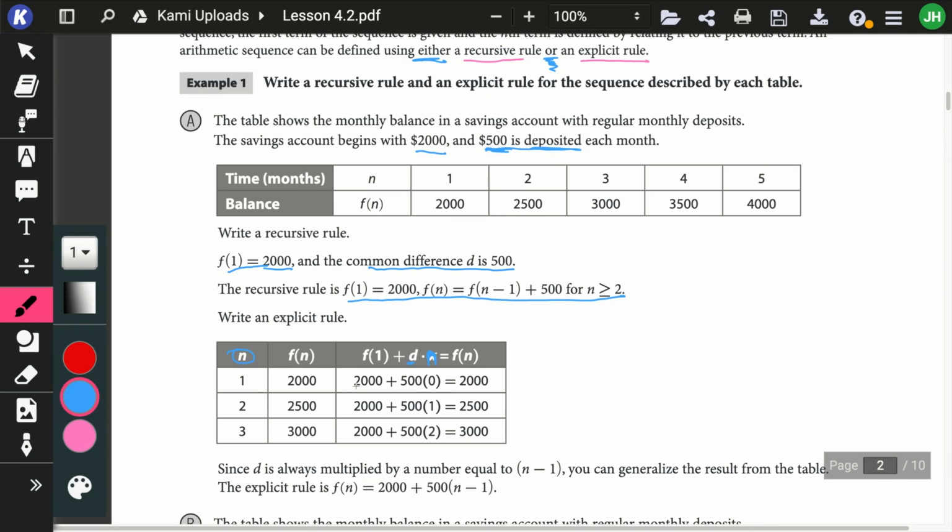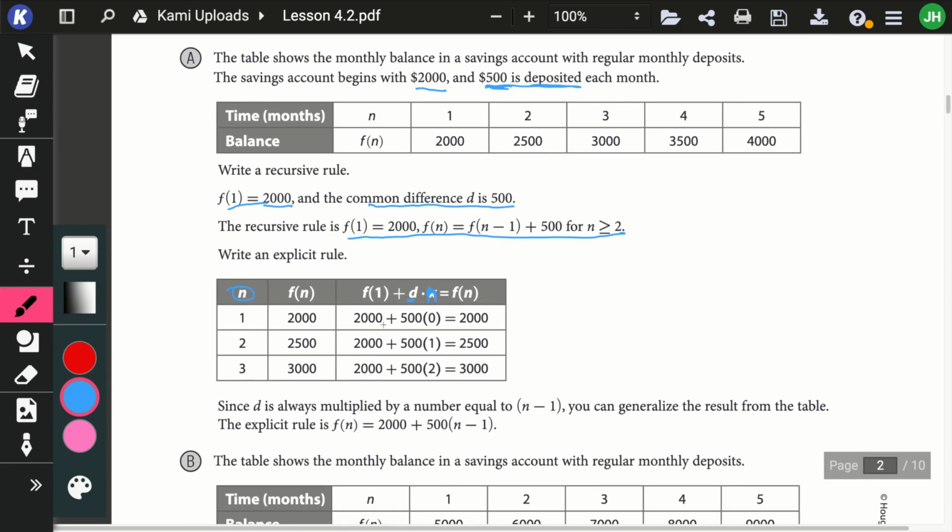Which spot in the term is it? So on the first one, f of 1 is 2,000. The difference is 500. N is, oh, that's why it's not an n, it's an x. X is 0, because that's going to be 0 in this case.